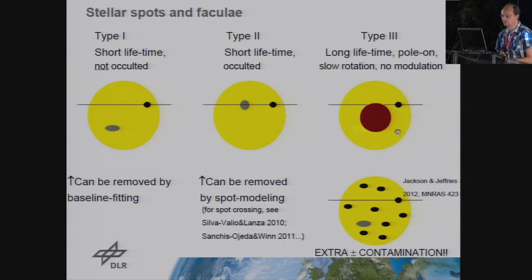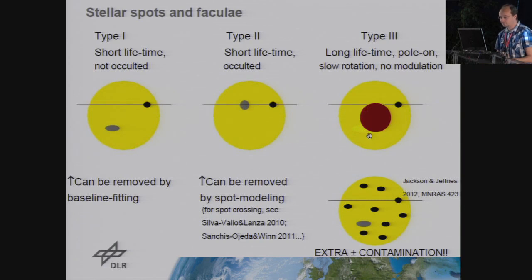Or even if we look at the stellar pole somewhere here, this kind of spot also does not cause any kind of photometric modulation. So it is hard to remove from the light curve because we don't know what to remove, because we don't have any spot signal.